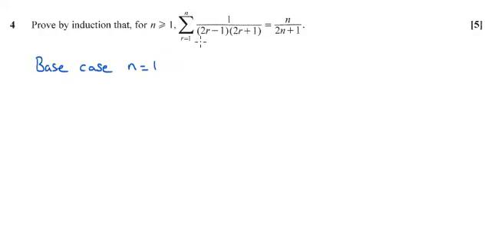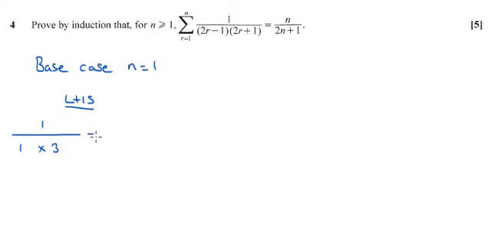So is the left hand side when n is 1 equal to the right hand side when n is 1? On the left hand side, we've got the sum from 1 to 1, so just the first term of this, which is going to be 1 over 2 lots of 1, which is 2, take away 1, times by 2 lots of 1, which is 2, plus 1, which is 3.